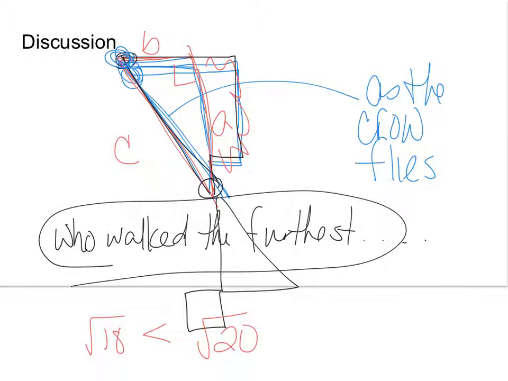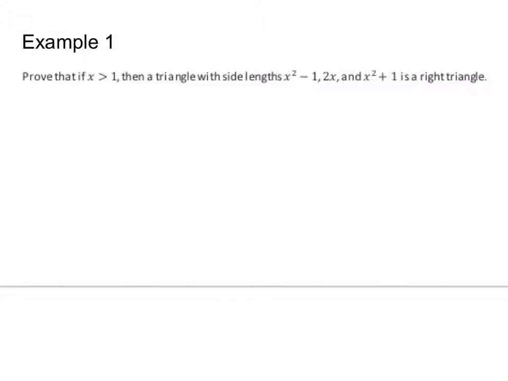You can calculate it, but if the number underneath is smaller and you take the root of it, it's going to be a smaller number. So you're good with that. So that's why we use the Pythagorean theorem. We can do an as the crow flies problem. And we already did that. Okay, first example.